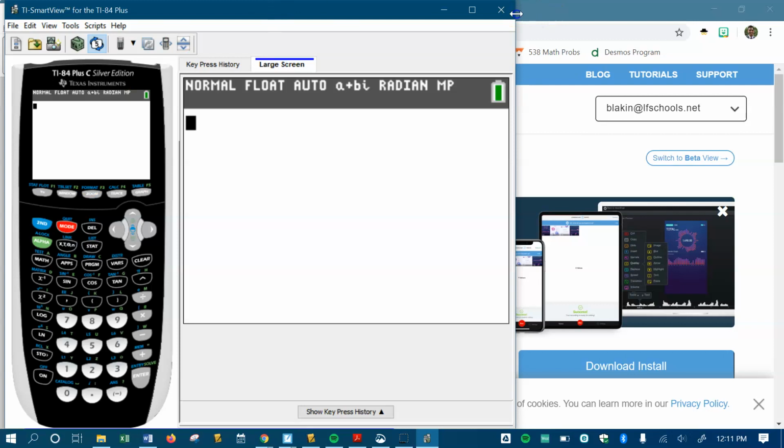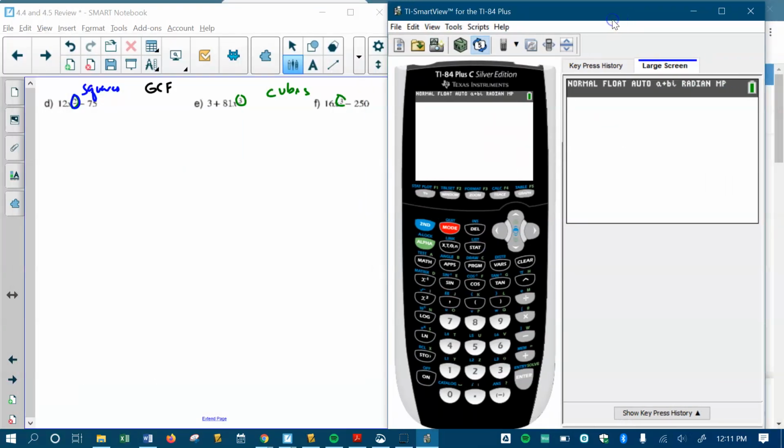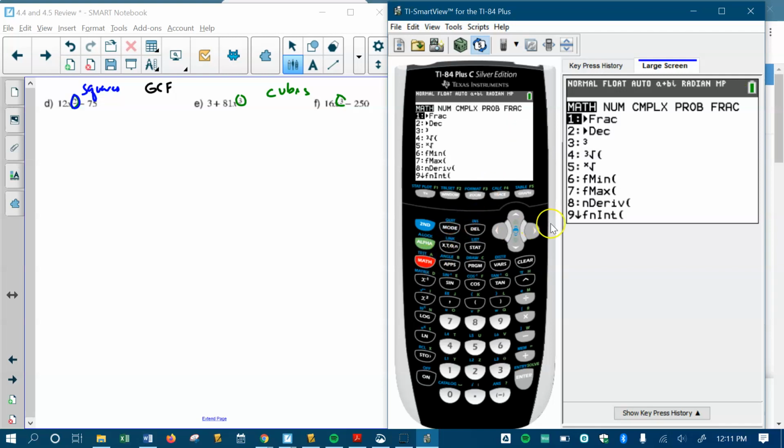All right. So I want to find the GCF of 12 and 75. I want to see if there's a number that's a common factor of 12 and 75. Here's what I could do. I could go to math, go to number, and this option right here, number 9, GCD, is what I want. The greatest common divisor is the same thing as the greatest common factor.